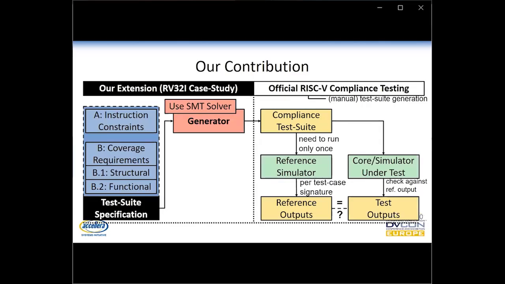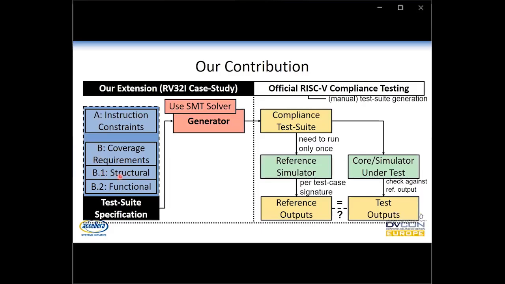And then in our approach we have basically two sets of constraints. One set contains the instruction constraints, denoted here as A, and the other set are the coverage requirements, where we also formulate constraints, which are then used in the generator.